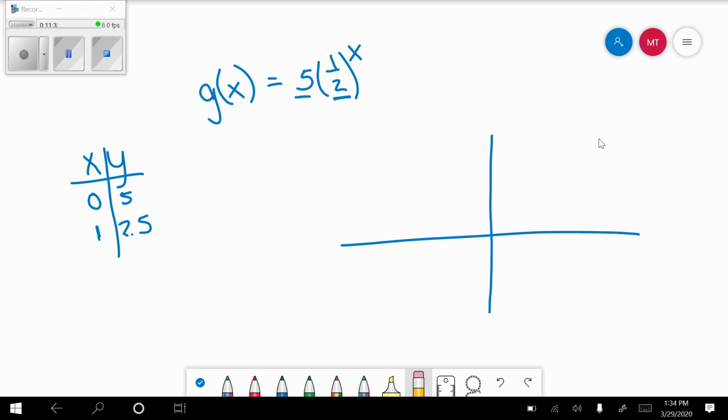And finally, let's do one more on the positive side. What if I did, whoa, switched it on you, a 2? Well, that would mean 5 times 1/2 to the second power.